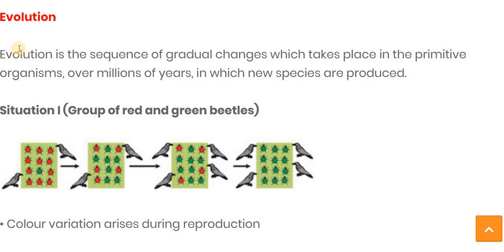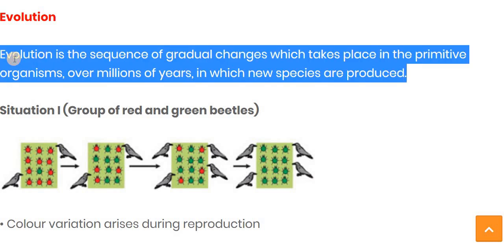So we can say that evolution is the sequence of gradual change which takes place in the primitive organism over millions of years, in which new species are produced.